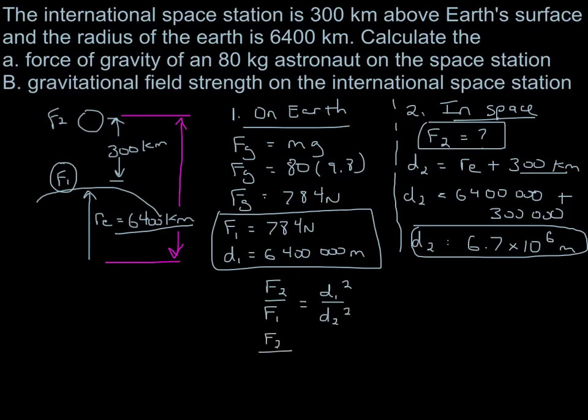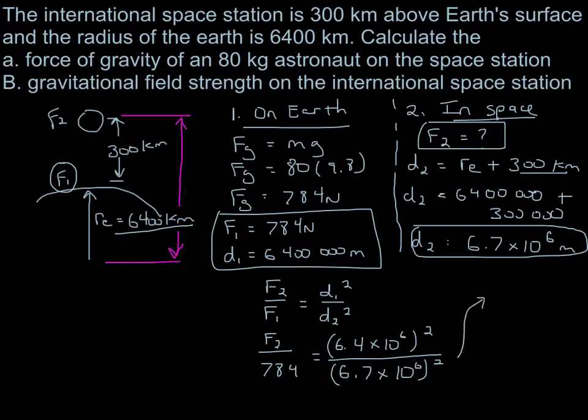F1 was 784. D1, full radius of the Earth, 6.4 times 10 to the 6, and don't forget that's squared. And that's divided by D2, 6.7 times 10 to the 6, and again, don't forget that's all squared.